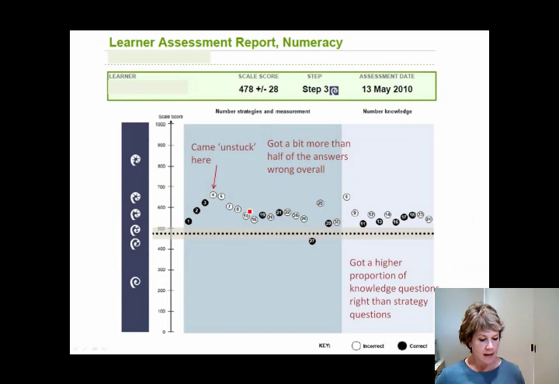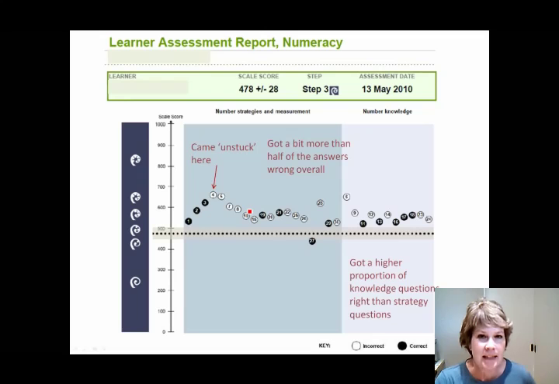Going back to this numeracy report, as I mentioned, this is an adaptive assessment, which means that each question on the assessment is generated based on the response to the previous question. So the first question here starts out at step 3, which is typical for an adaptive assessment. That's in the middle of the progression, and the learner got that question right.